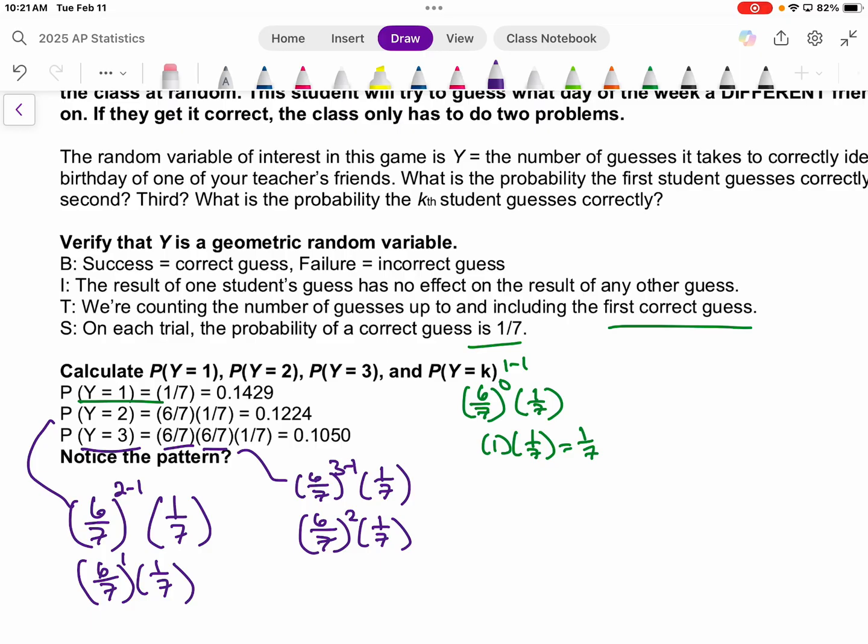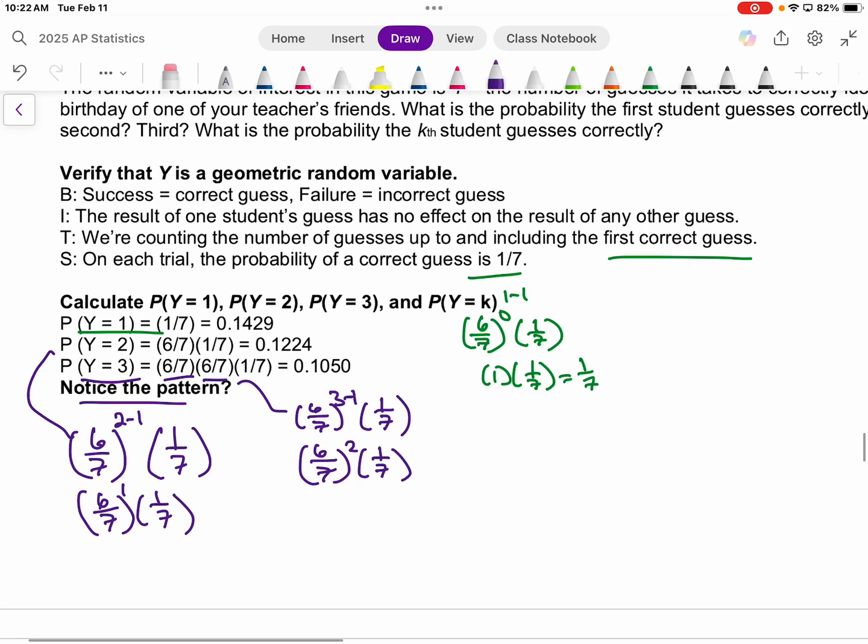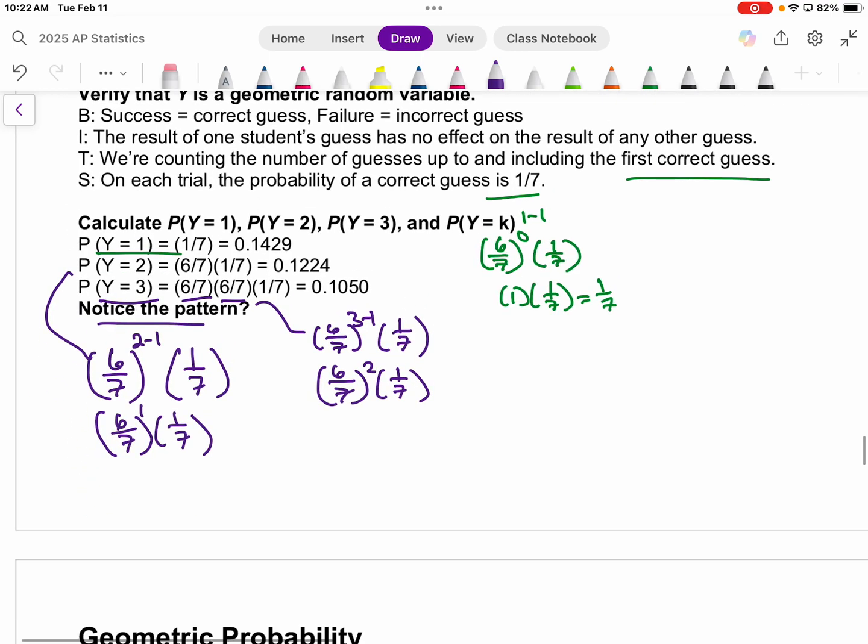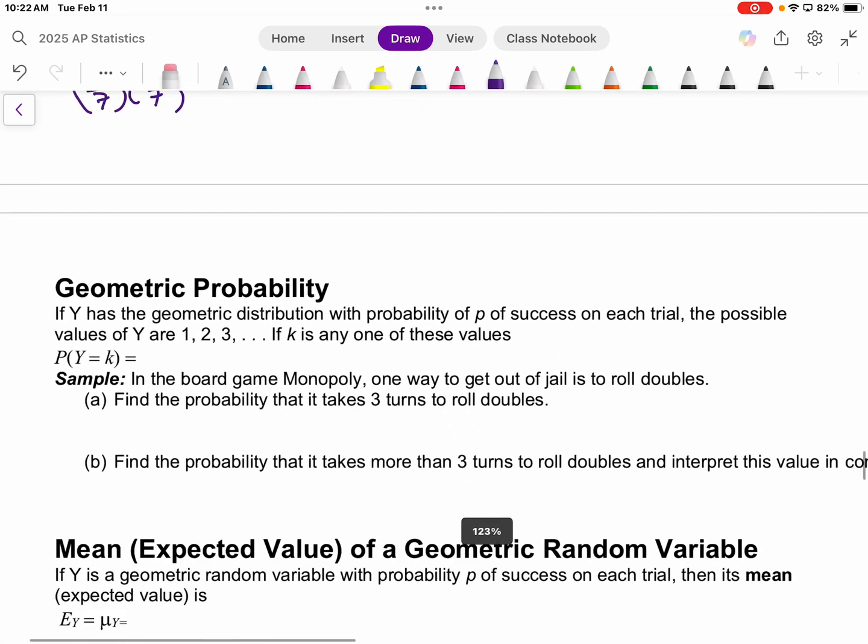So that's the pattern we notice: as y increases until the first success occurs, an additional failure percentage is combined with the previous answer. So I'm not going to write anything down. That was just to get us to talk about it.